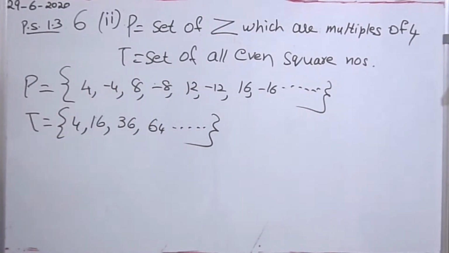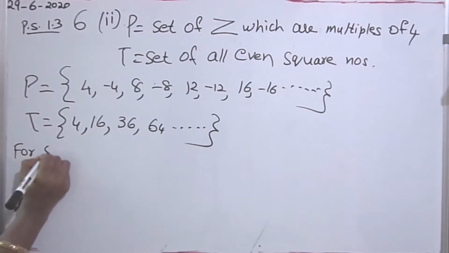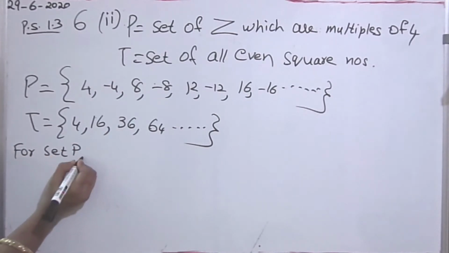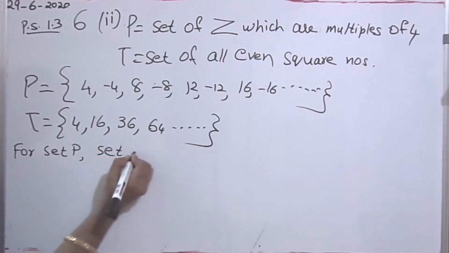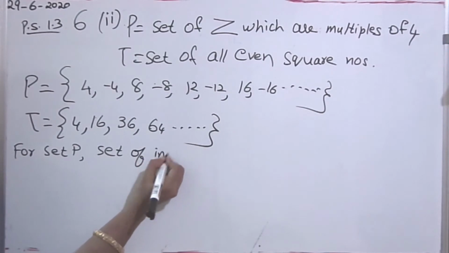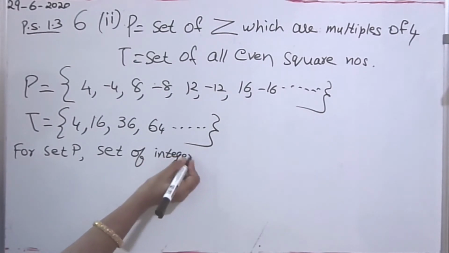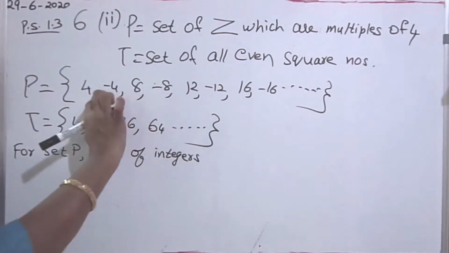So for this P, integers is the universal set. And for 4, 16, 36, 64, natural numbers is the universal set. So for the first one, set P, the set of integers is the universal set, because on the number line, positive and negative will both come.